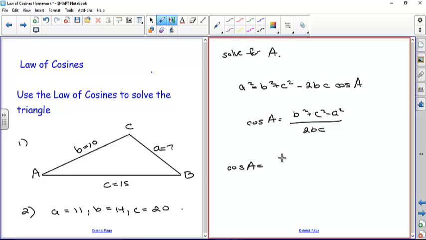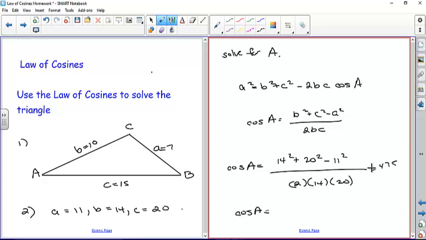So B is 14, C is 20, A is 11. Plug that in the calculator, so you get 14 squared plus 20 squared minus 11 squared. The numerator is 475, and the denominator is 2 times 14 times 20, which is 560.